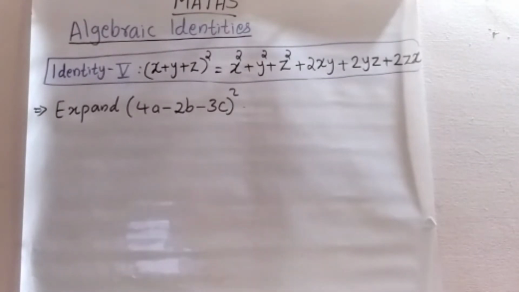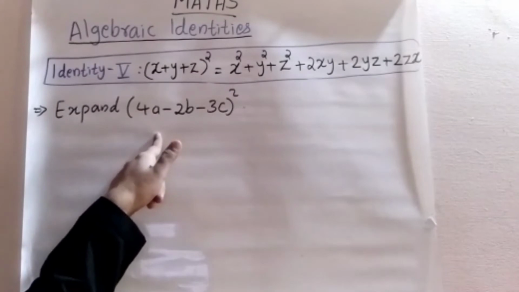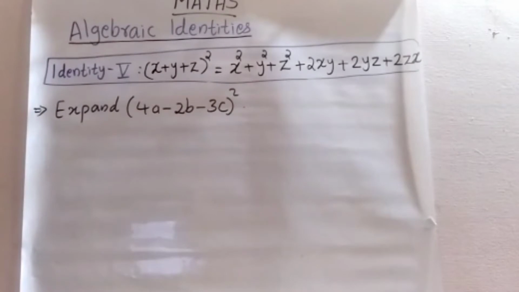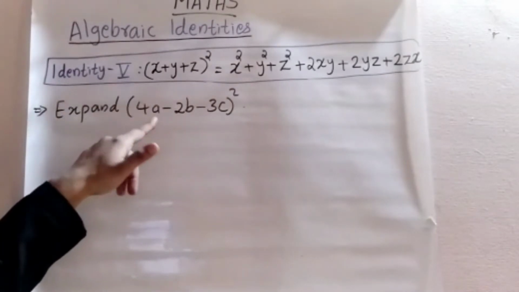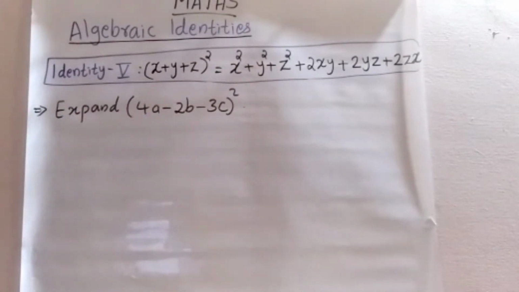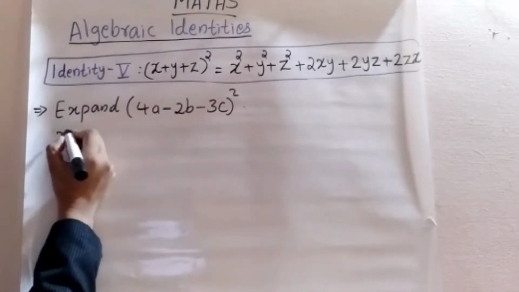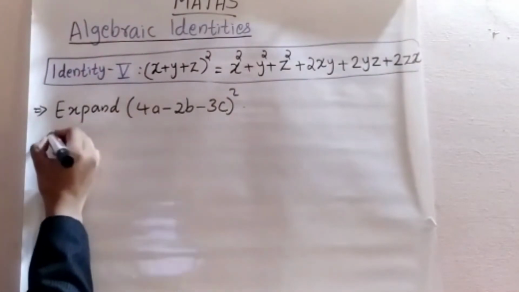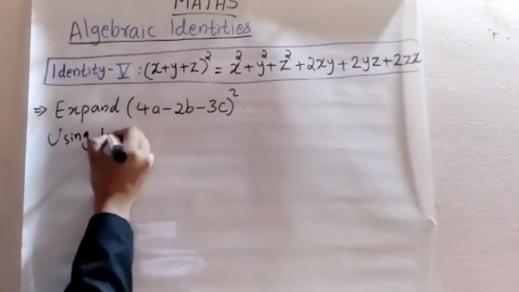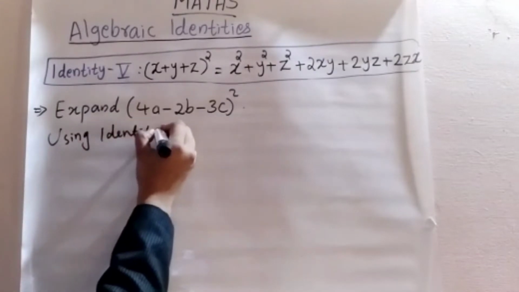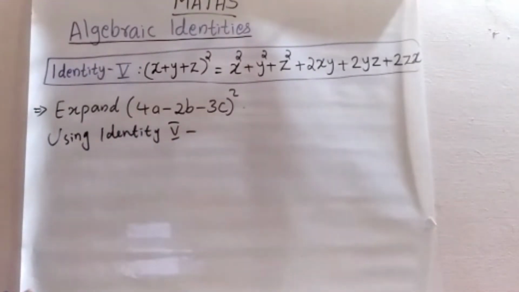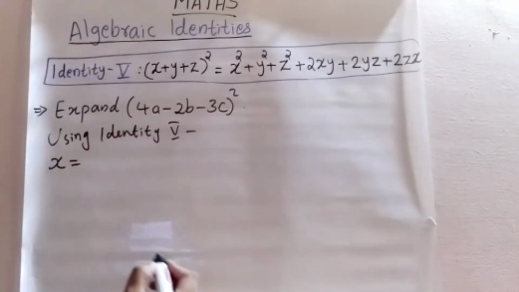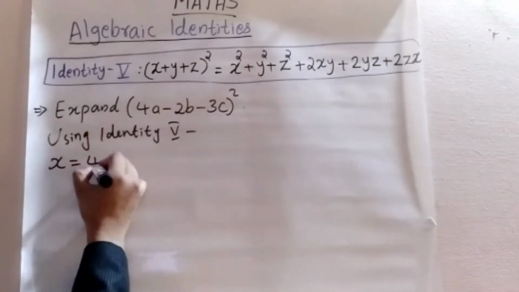Without any confusion, we can say that this question is related to identity 5 because it is in the (x + y + z) whole square form. While comparing this question with identity 5, using identity 5, x is equal to 4a.